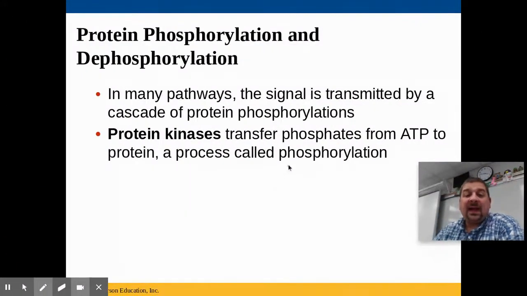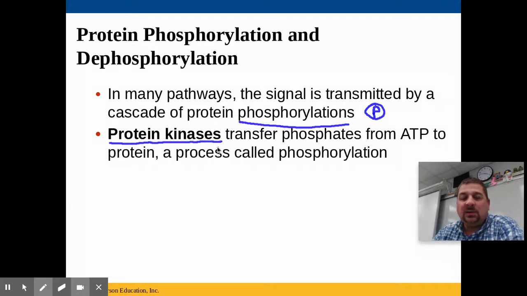In a lot of pathways, this shape change, this signal, is a cascade of phosphorylations. Phosphorylations, adding phosphate groups to things. The class of proteins, or enzymes, that does this is called protein kinases.